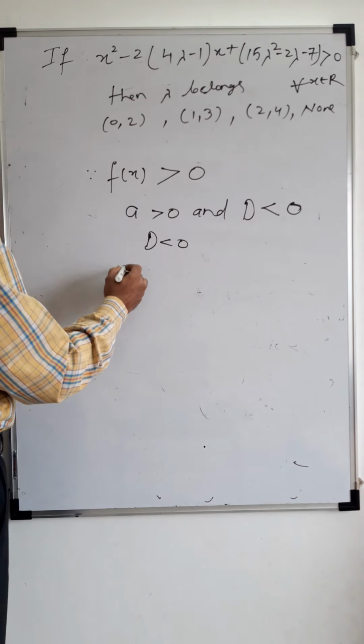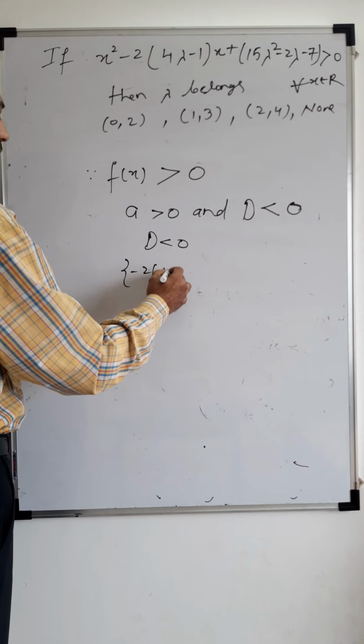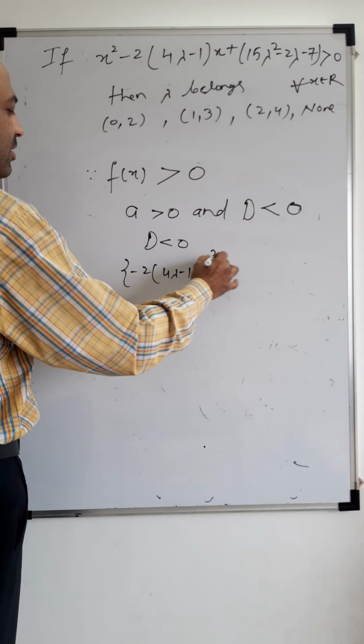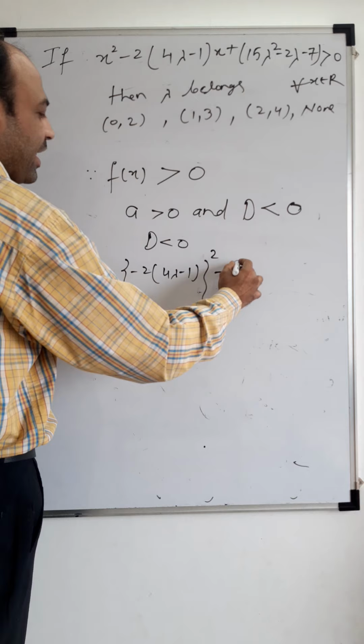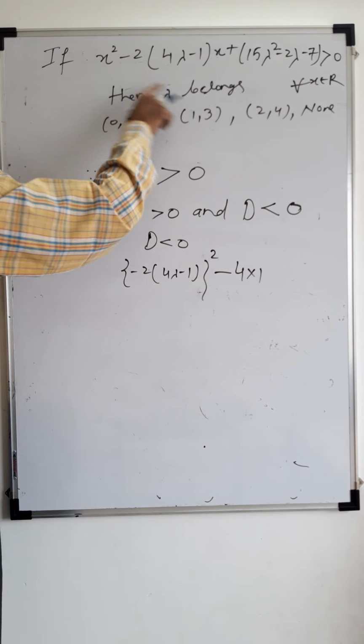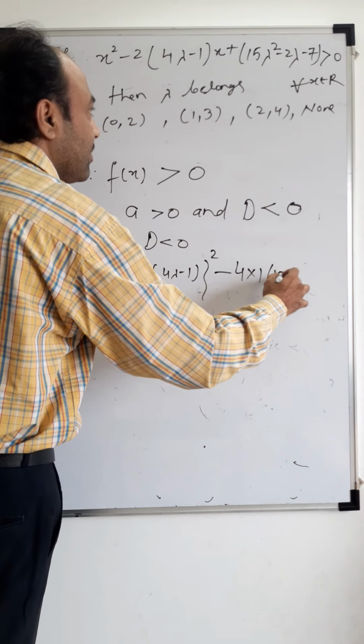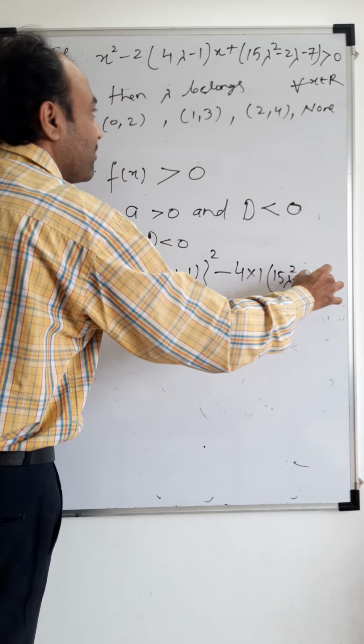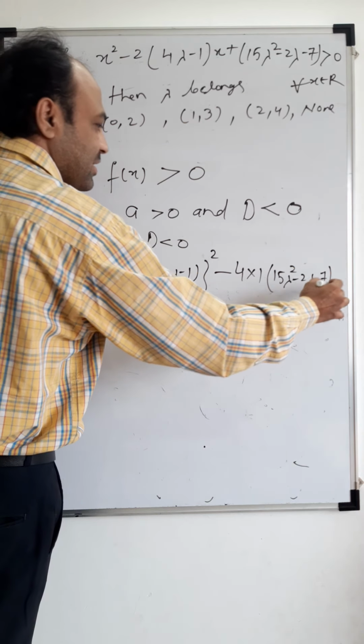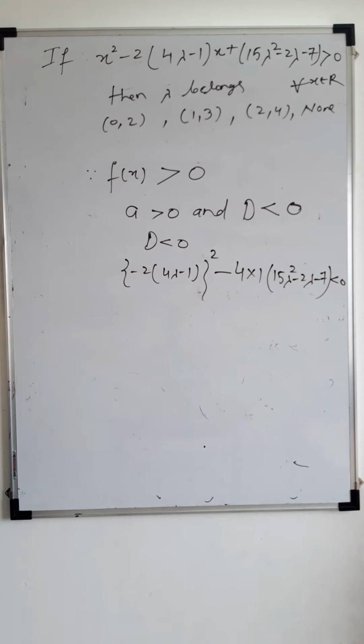We'll see D. This is minus 2(4 lambda minus 1), b square, minus 4ac, a is 1, and c is the total 15 lambda square minus 2 lambda minus 7. This is less than 0. Correct? So D less than 0 this came.